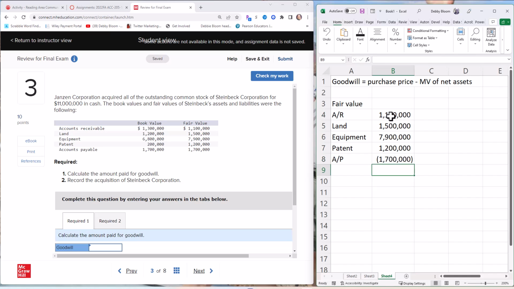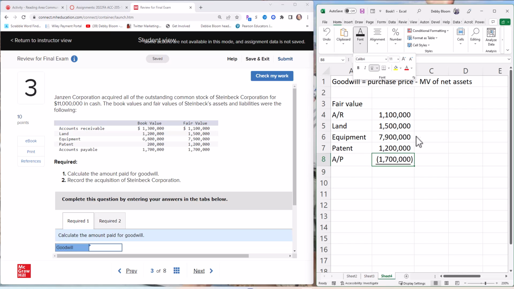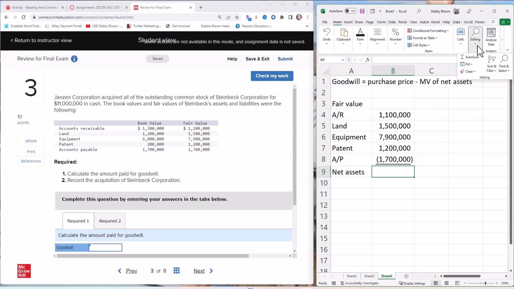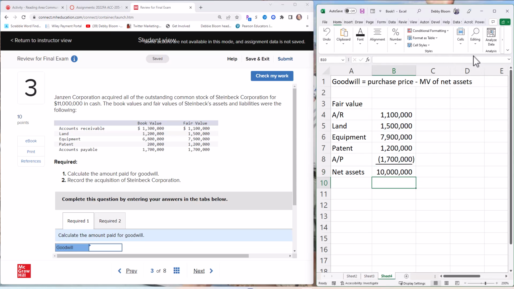So we have to add all of the assets and subtract the liabilities. In this case, we only have one liability, and we'll calculate the value of the net assets. So to add everything up, just auto sum, and we have 10 million.